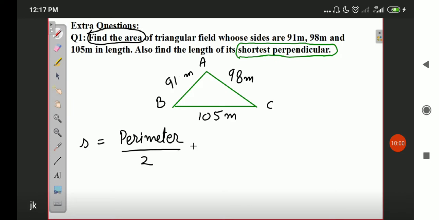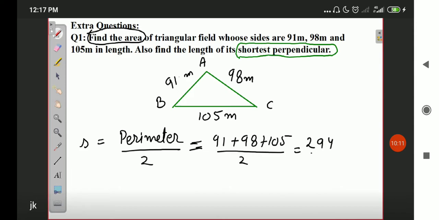The perimeter of this triangle will be the sum of all sides, this will be 294 upon 2. On simplifying this, the value of S will be 147 meters. There should be no problem till now.